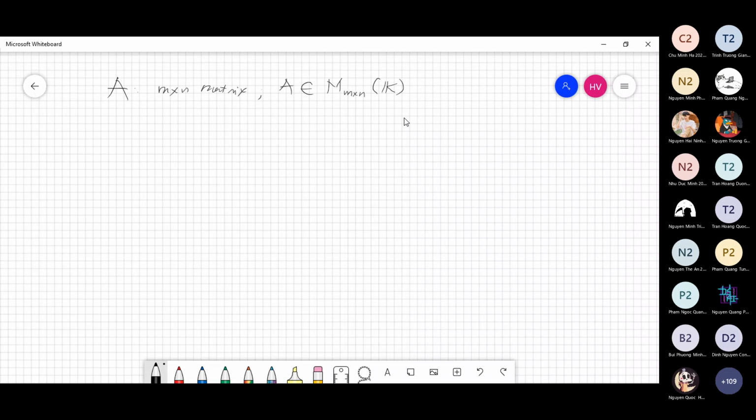But our K is simply R. Let's think about the set of real numbers R, because most of the time we are working with R. Sometimes, very rarely, we are working with C, but most of the time we are working with R. So let's think of K as R, and don't worry about K anymore.